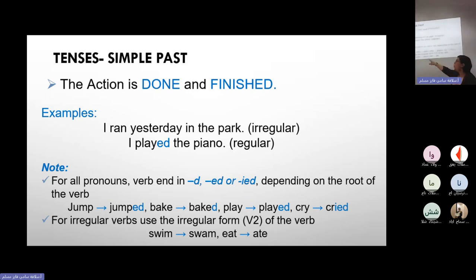Okay? Note, for all pronouns, the verb ends in D, ED, or IED, depending on the root of the verb. Like jump, شو بتصير؟ jumped. Pay, شو بتصير؟ paid. Play, شو بتصير؟ played. Cry, cried. Okay? For irregular verbs, use the irregular form.